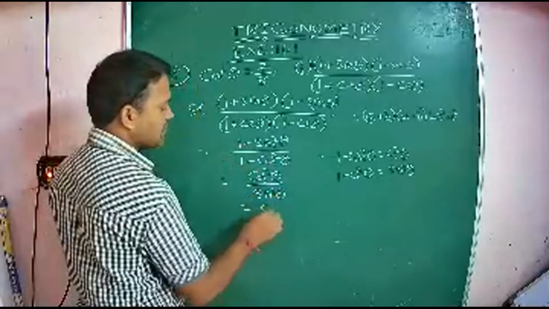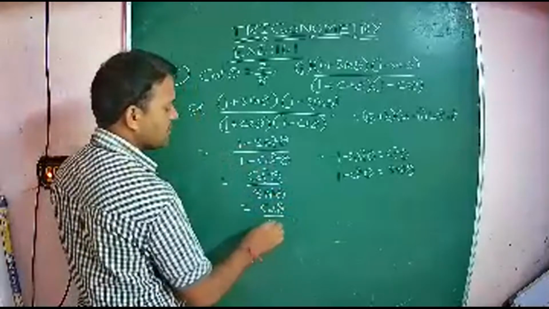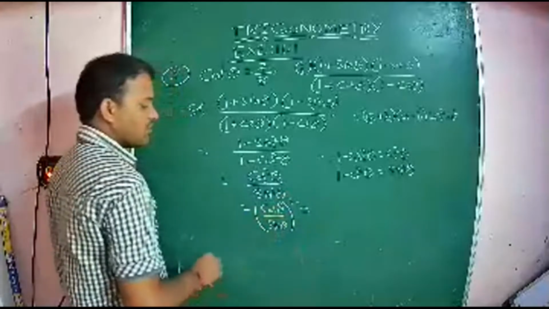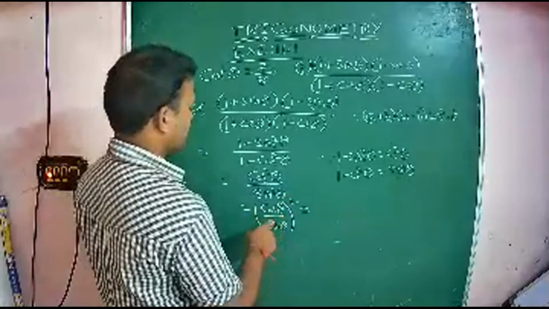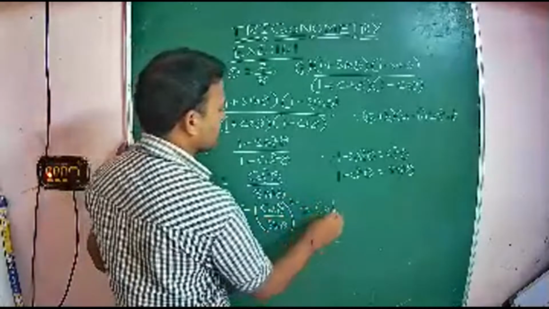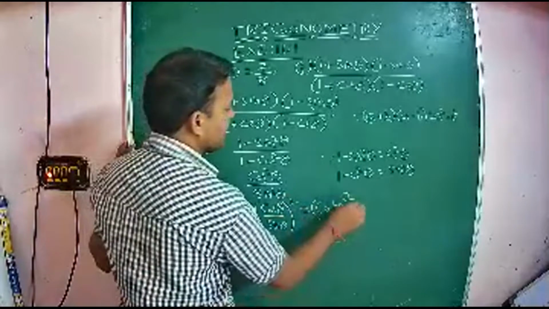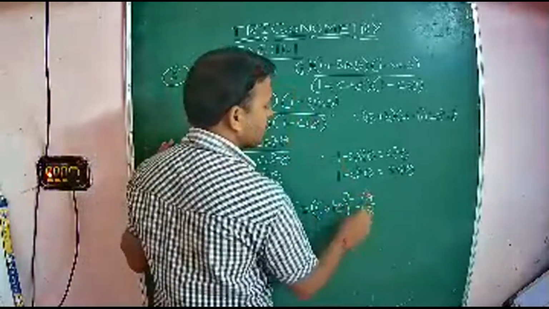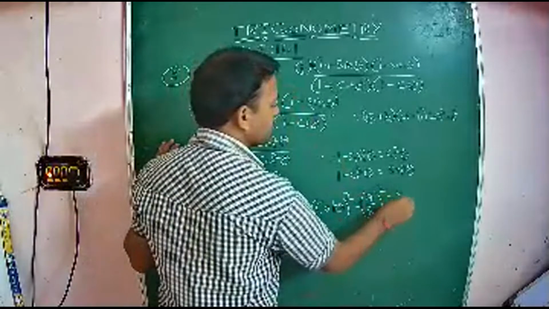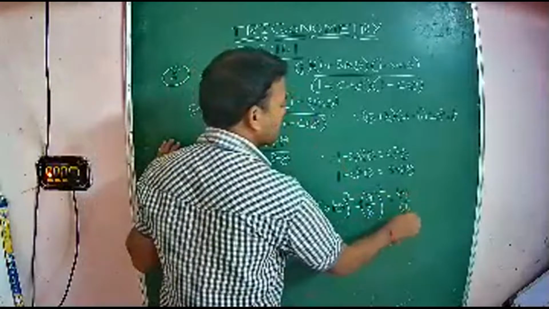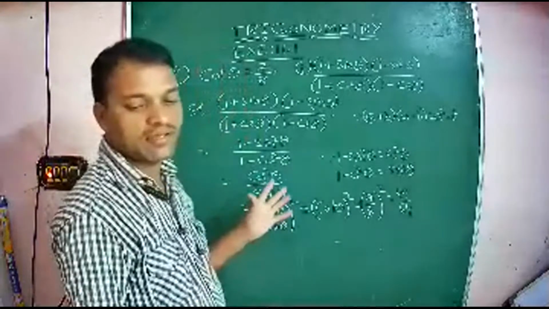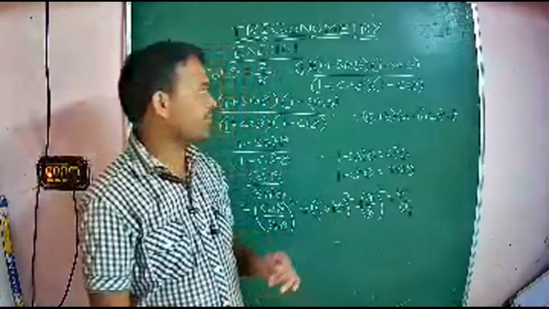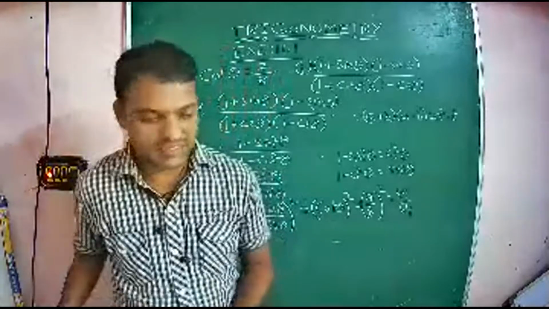So this can be written as cos theta by sin theta whole square, which is nothing but cot theta whole square. What is the cot theta value? 7 by 8. So 7 by 8 whole square is equal to 49 by 64. So this is the value of that. Okay, clear? So this is the 7th Roman first sum.